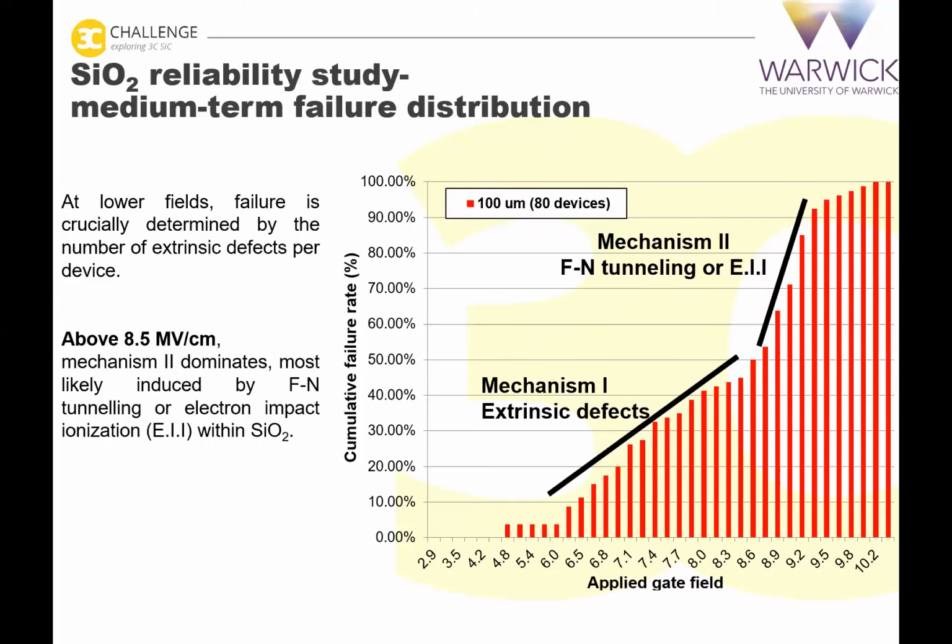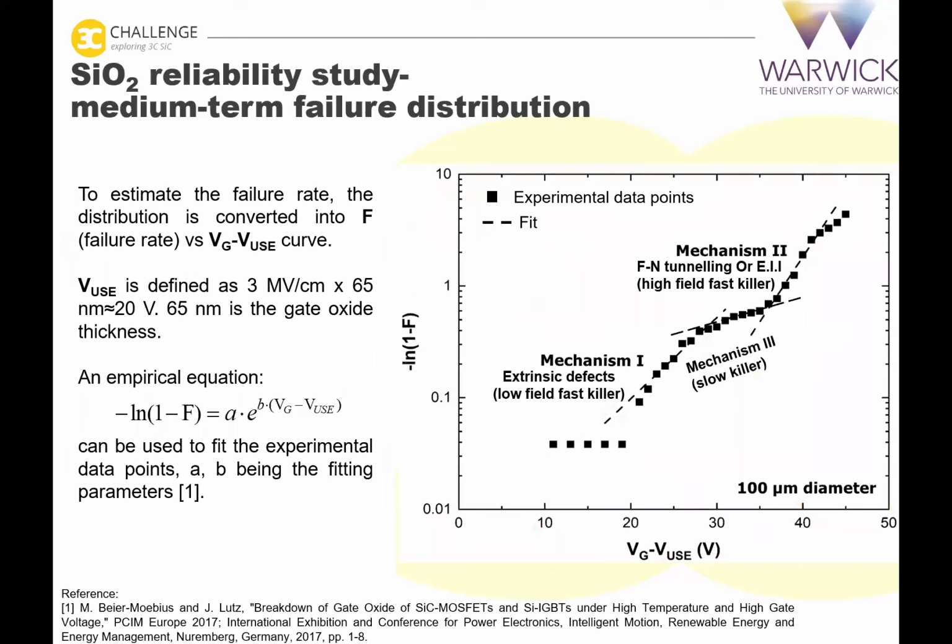So if we convert the bar graph into a curve with the y-axis as a function of the failure rate F, and the x-axis the applied gate voltage minus the targeting operating voltage, which we estimated to be 20 volts here, then we can get a curve like you see here on the right, which can be further fitted by an empirical equation.